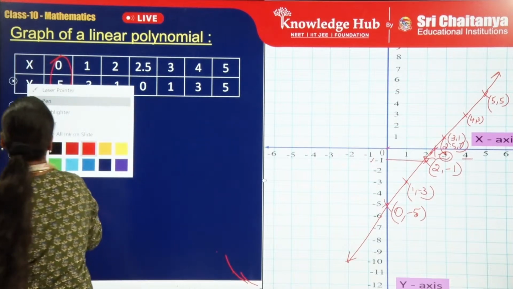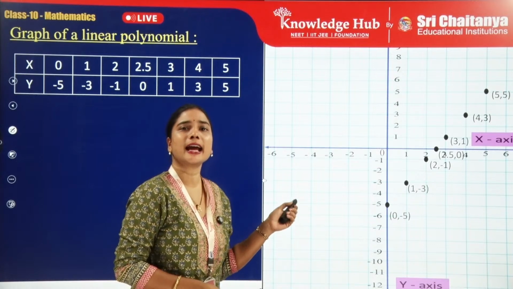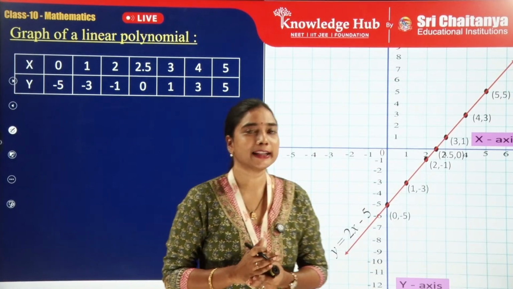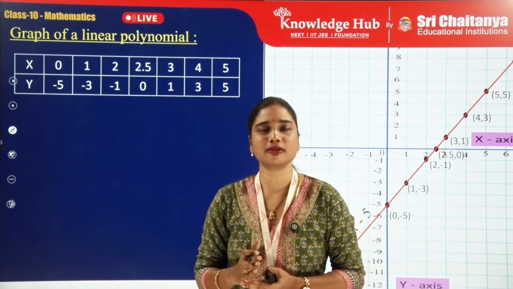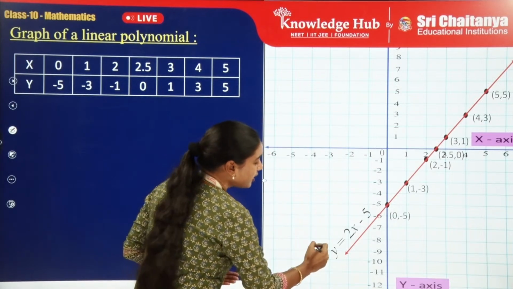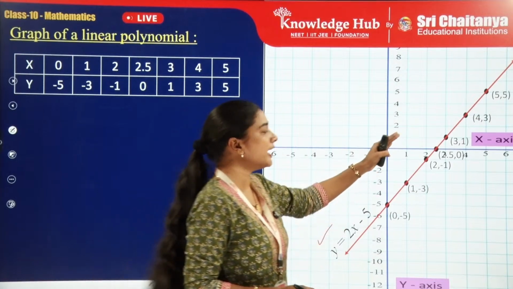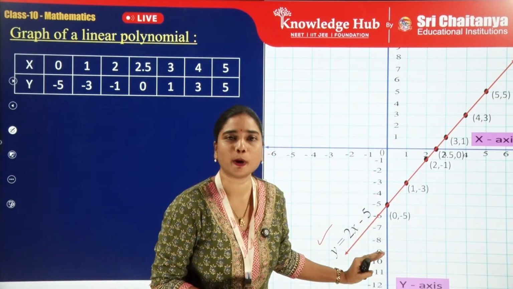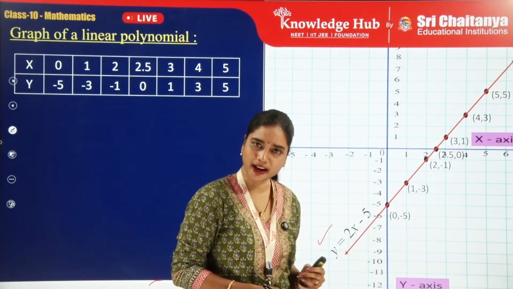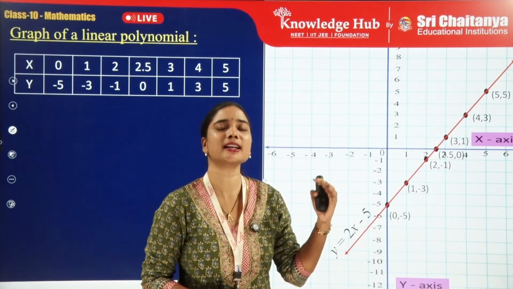So mark the points on the graph plane and join all the points, and after marking the points, don't forget to give the names of the points. After constructing the line also, we have to mention the name of the line. So this line is drawn for the linear polynomial y = 2x - 5. Hence the name of the line is y = 2x - 5.